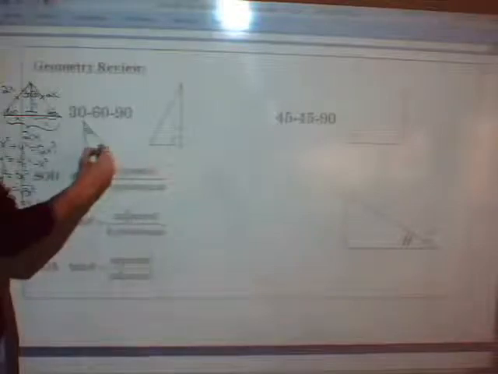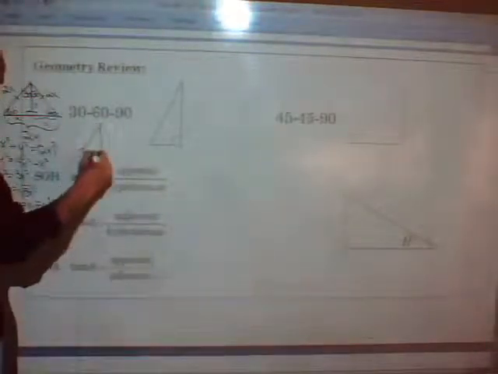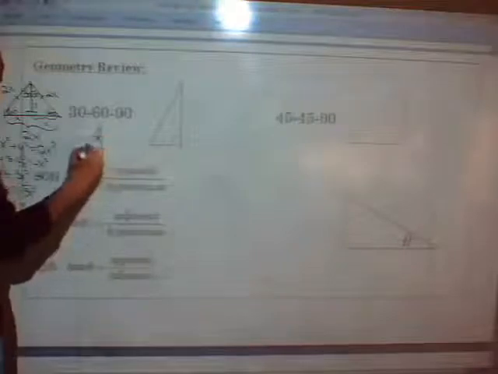Since y was equal to x square root of 3, what we had was a rule for a 30-60-90 degree triangle. Actually, let me draw it the other way to match the triangle that we have here. So here's our 30, our 60, and our 90.